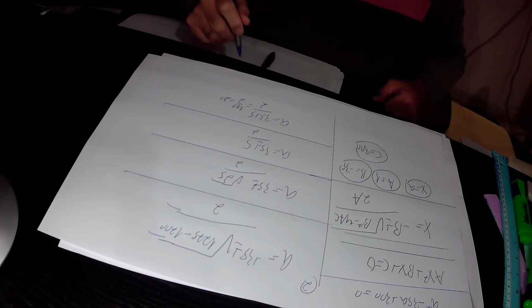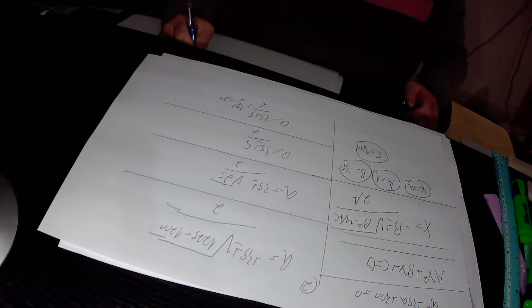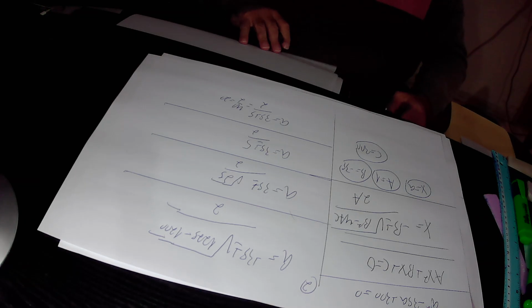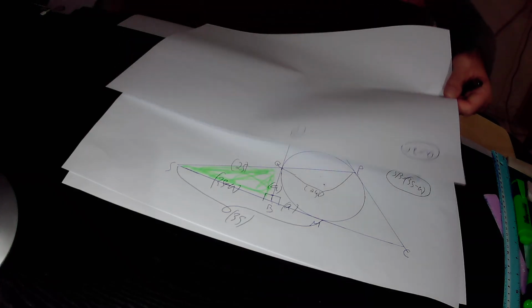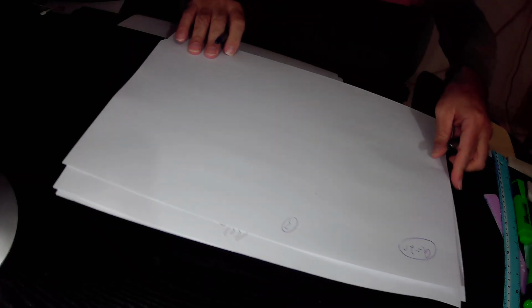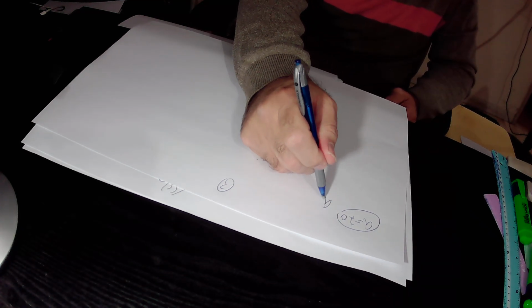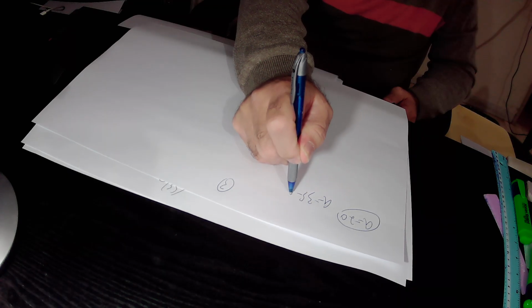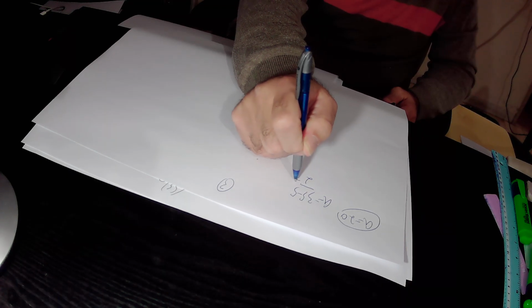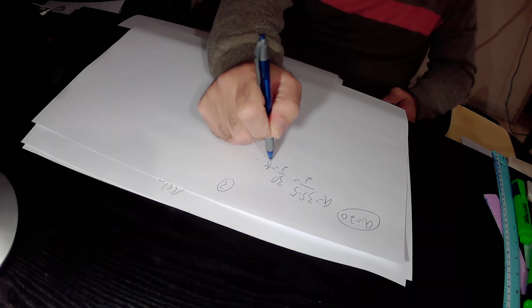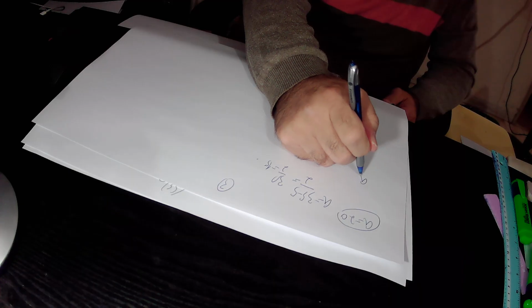So the first solution for a is that a equals 20, while the second solution for a is a equals 35 minus 5 over 2. 35 minus 5 is 30, and 30 over 2 is 15. So the second solution for a is that a equals 15.